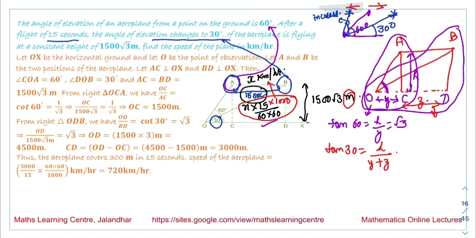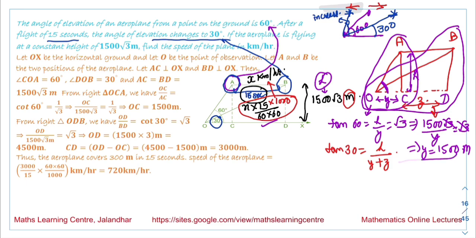Now the value of h that is given to us, this h height, is 1500 root 3. So what we get from this equation is that 1500 root 3 upon y is equal to root 3. These two get cancelled, and we get y is equal to 1500 meters.